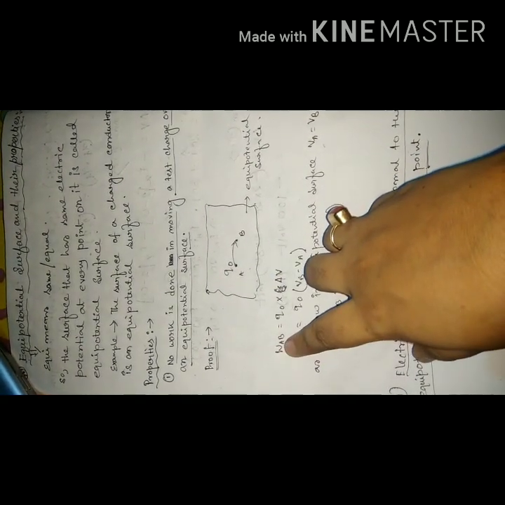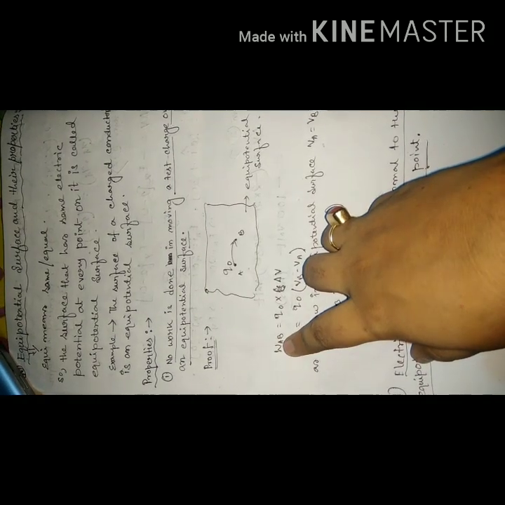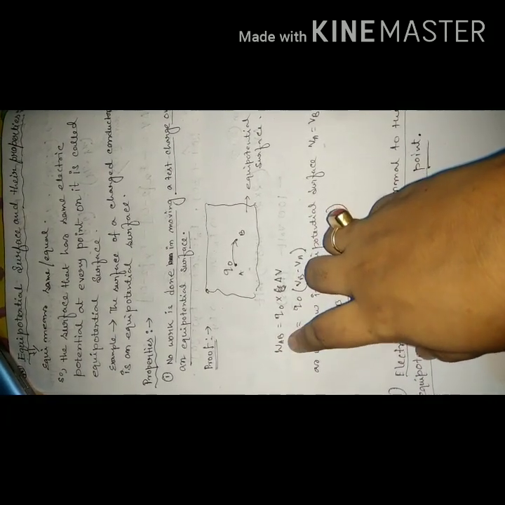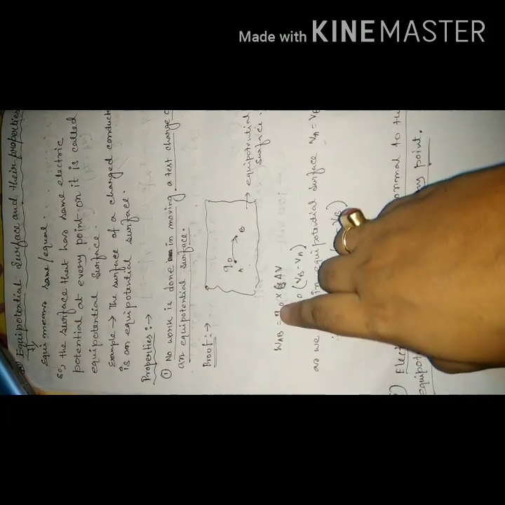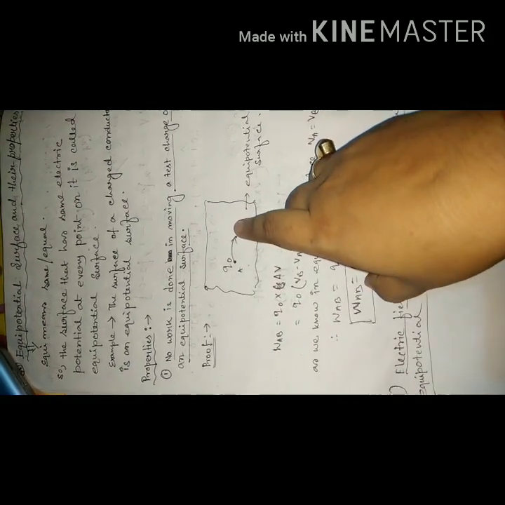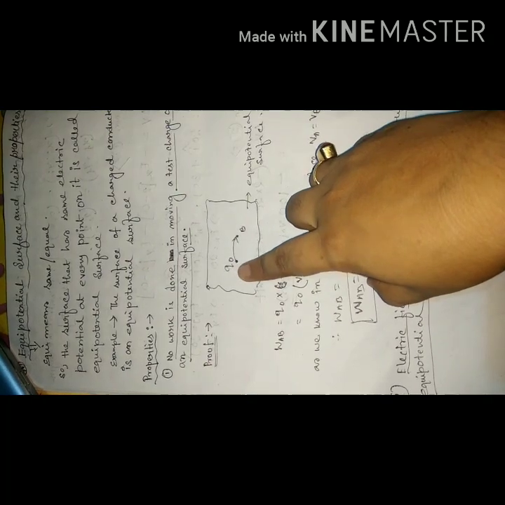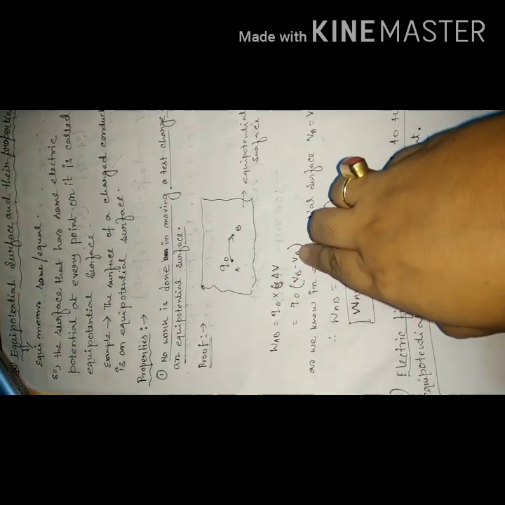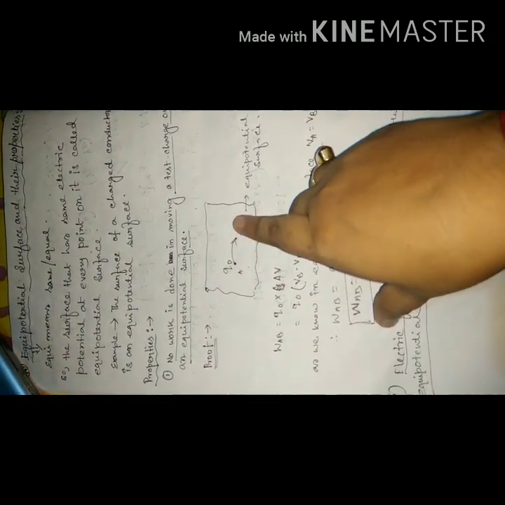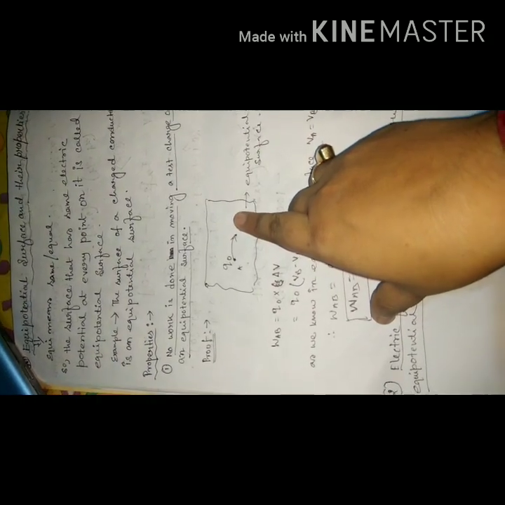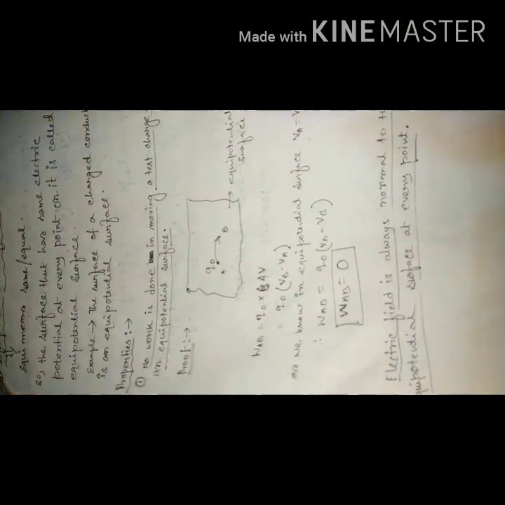We know from the definition of potential that W_AB, from A to B, equals charge times potential difference. Here we consider the potential at point B greater than at A, so W = Q0 (VB minus VA). Now we know the equipotential surface has equal potential, so whatever the potential at point A, B has the same: VA equals VB.